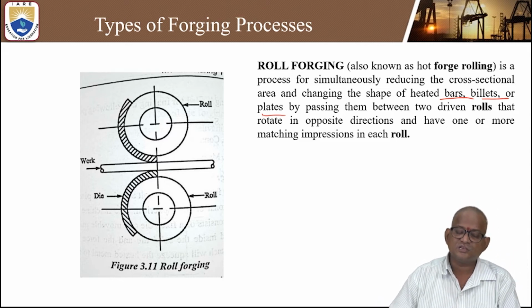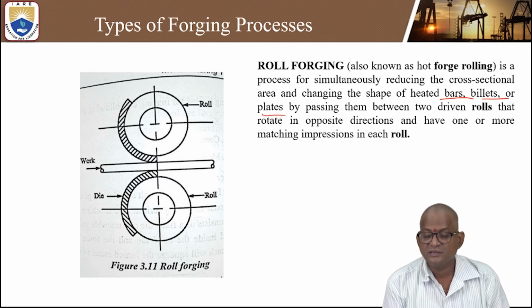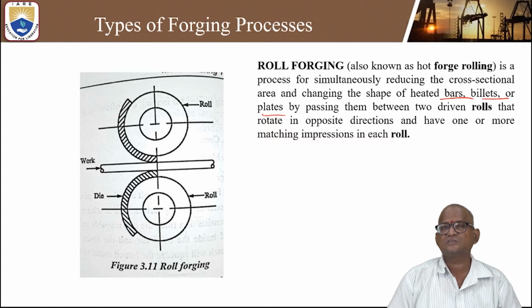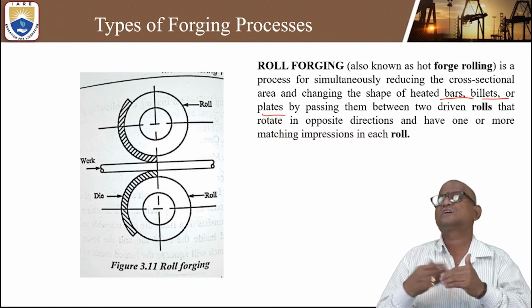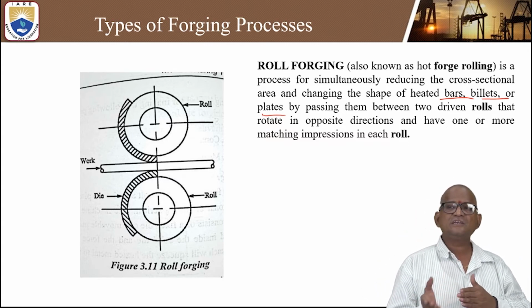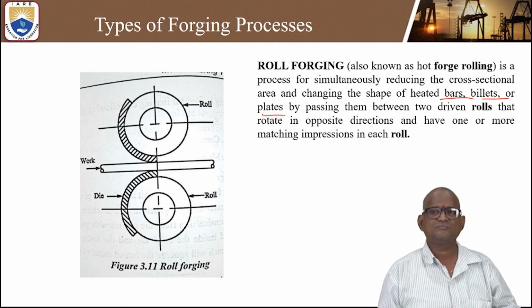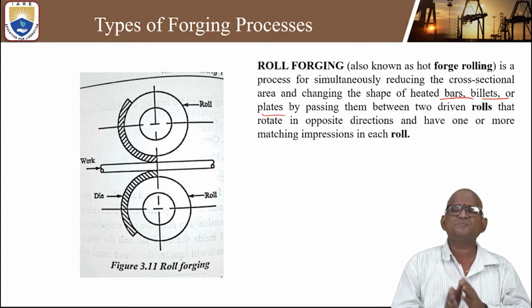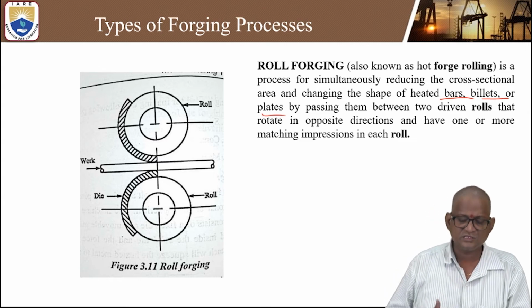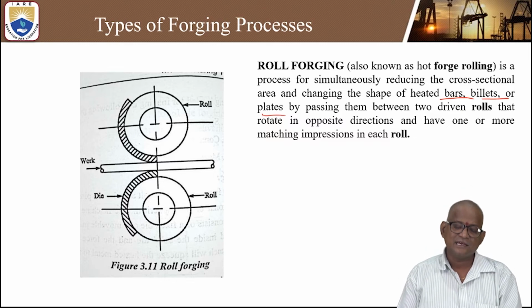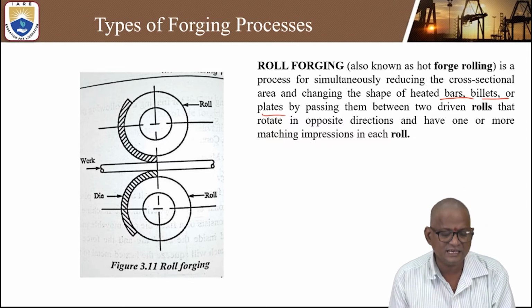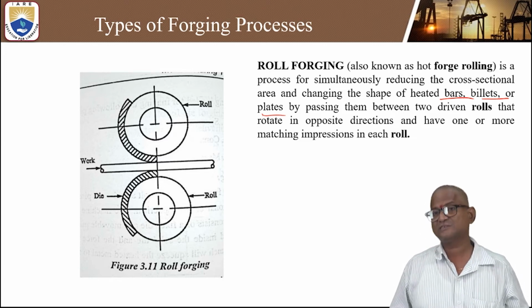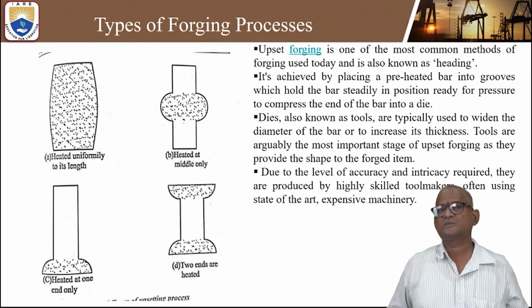Roll forging is a process of simultaneously reducing the cross-sectional area, and there are one or more matching impressions in each roll. In this diagram, you can clearly see the roll, the die, and how the roll forging process is carried out in industrial applications.